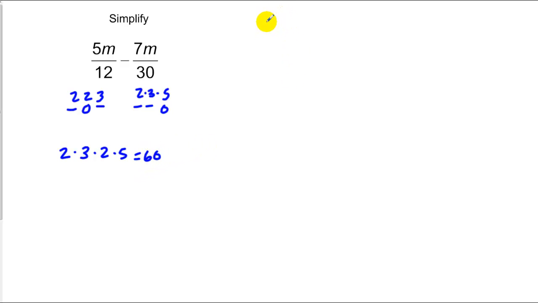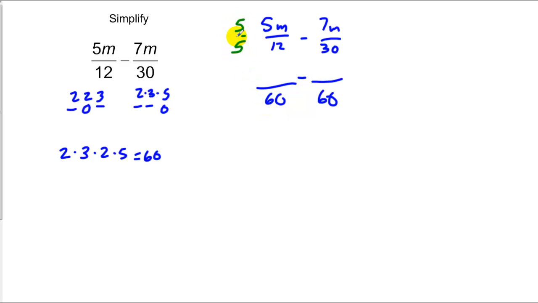So once again, I'll start over here, say 5m over 12 minus 7m over 30. Rewrite my common denominator of 60. Going to be subtracting. How do I get from 12 to 60 by multiplying? That's a 5.